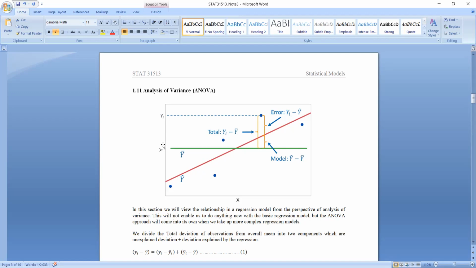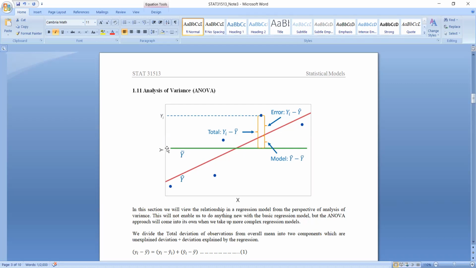And also for any given data set, we can find the mean value of your observations. So we can find the mean value of the response variable as well as the mean value of the independent variable. In this case, the mean value of the response variable, your y variable, is denoted by y bar.